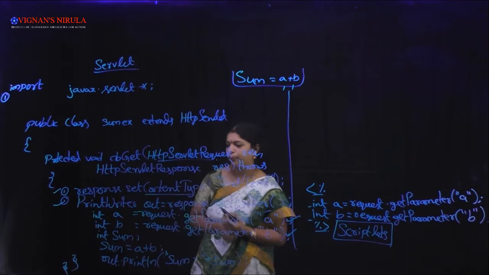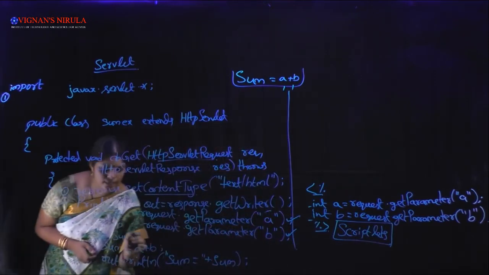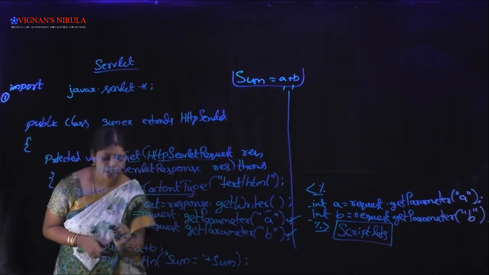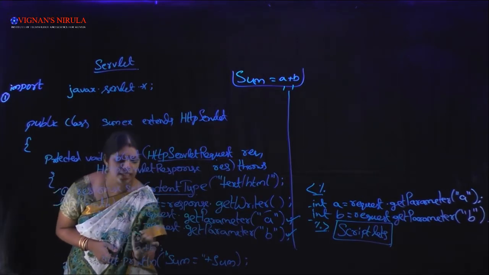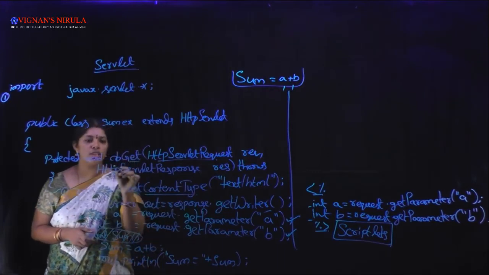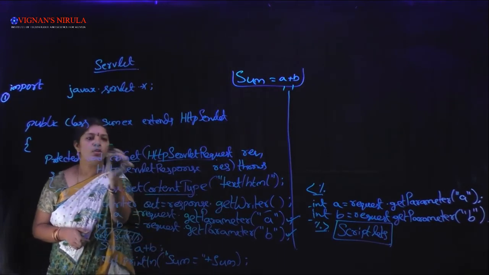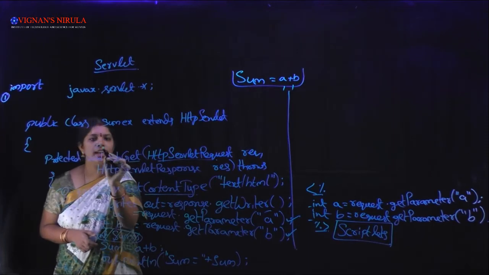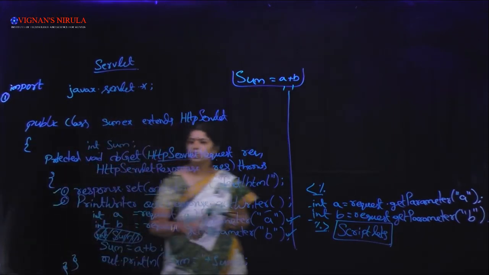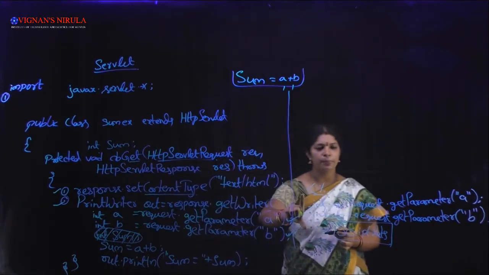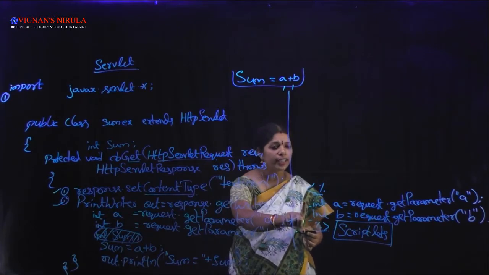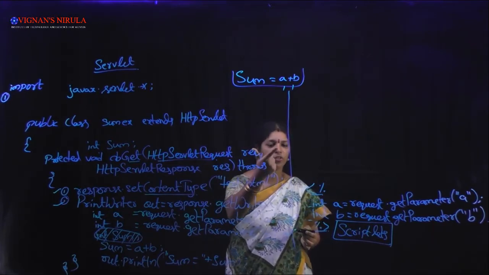And next, I am declaring the sum variable. I don't want to declare this sum variable inside the method. I want to declare the integer sum variable outside of the method.